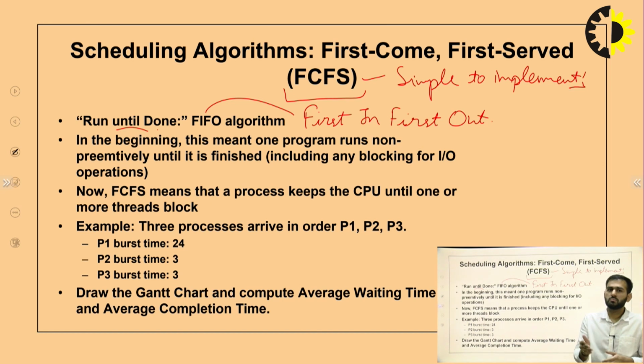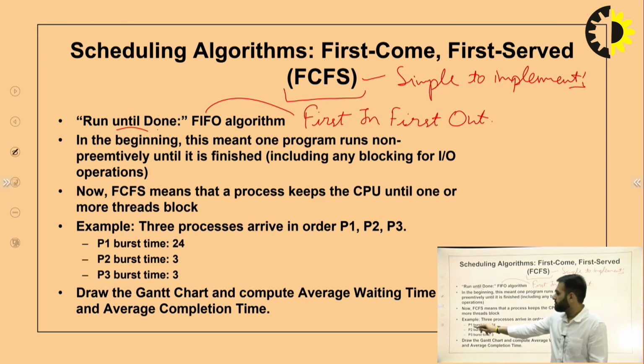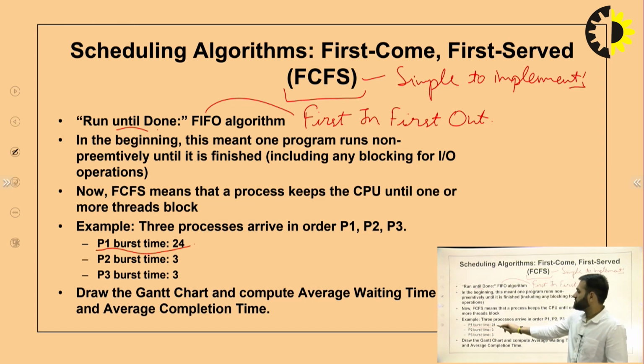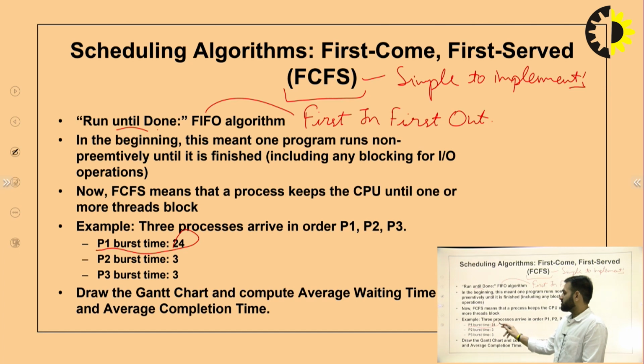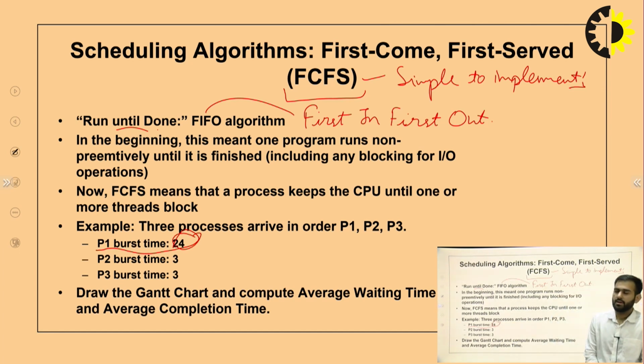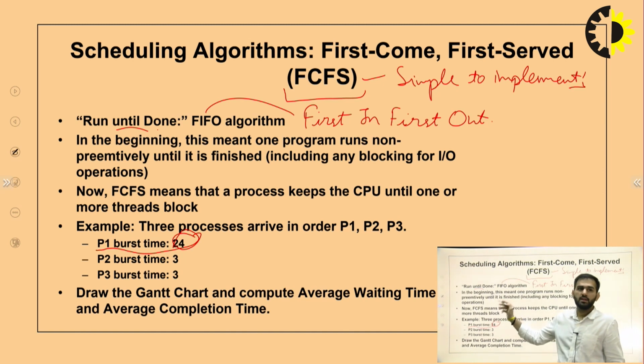If a process P1 with a large burst time comes first, it will not leave the CPU until it is done. Here P1 with a burst time of 24 comes first, so it will not leave the CPU until its burst time of 24 seconds is completed.